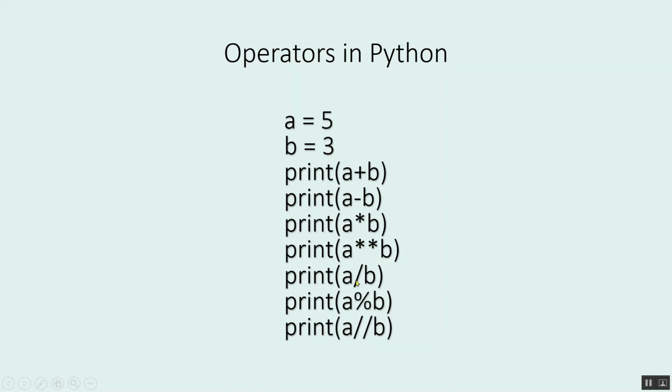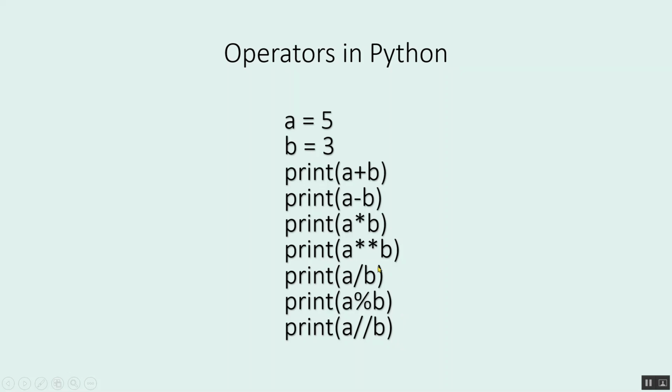A slash b means that it would divide a by b, and then a modulo b means that we will get the remainder of this, and then a double slash b means that it's a floor division. So for example, if a is equal to 5 and then divided by 3, whatever the result, it would not round up the number.